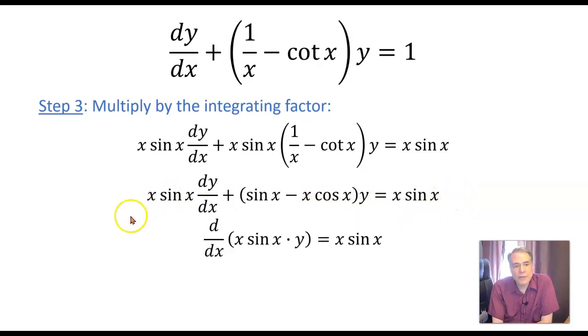And as always, the left side is the derivative of the integrating factor times y, of x sin x times y. If you apply the product rule to that, you get the first thing times the derivative of the second thing, so x sin x times the derivative of y, plus you get the second thing times the derivative of the first thing. So y is getting multiplied by the derivative of x sin x.